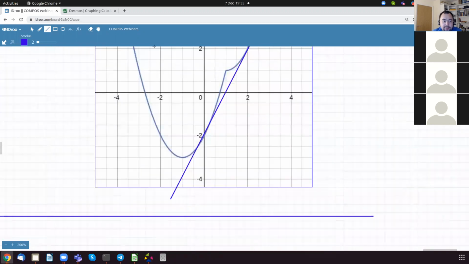Which works amazingly well. Let's try to figure out the equation of this graph.